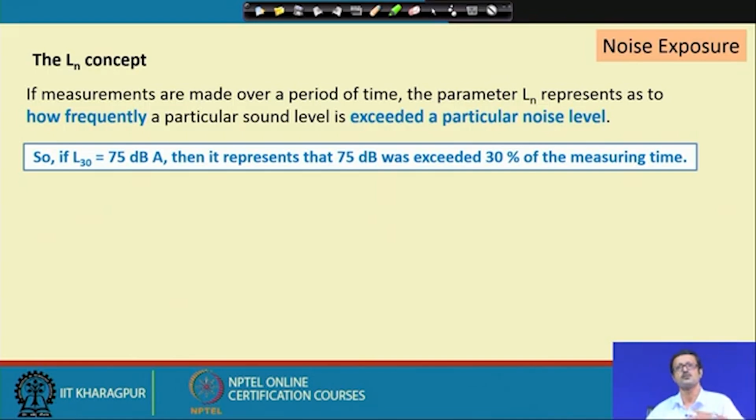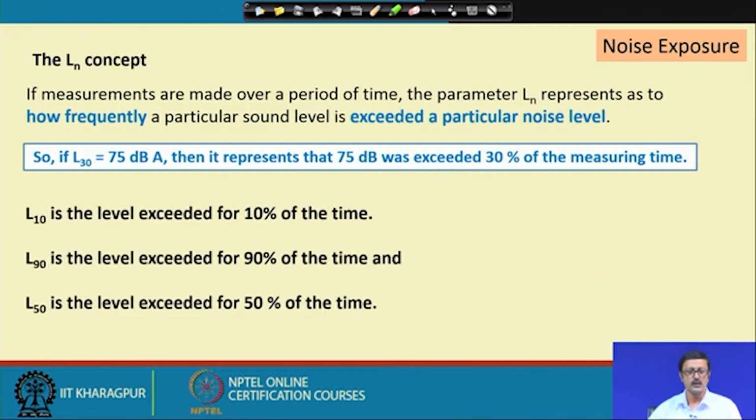Similarly, there are 3 such levels that have been considered: L10, the amount of sound in dBA that exceeded 10% of the time, and L90, the level exceeded 90% of the time, and L50 is the average.